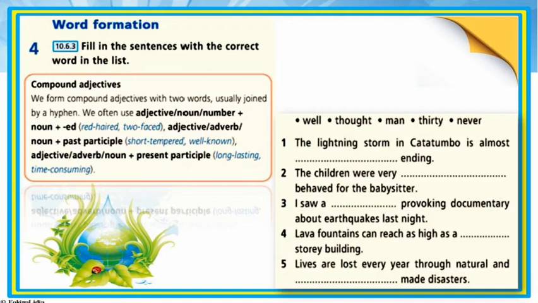Compound adjectives. We form compound adjectives with two words, usually joined by a hyphen. We often use adjective, noun, number plus noun plus ed. For example, red-haired, two-faced.